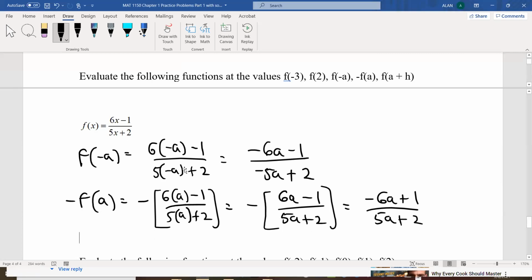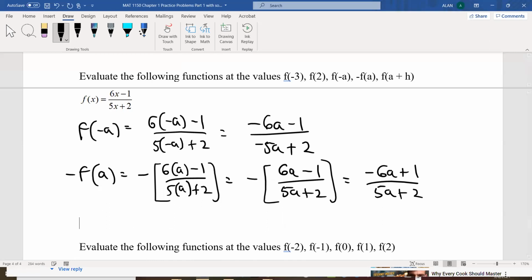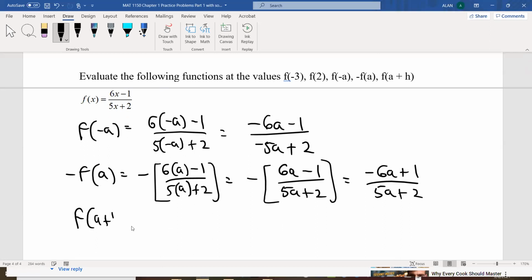Okay, and then finally we have the a plus h. Now I'm going to multiply 6 by a plus h. Down here, I'll do the same thing with 5.